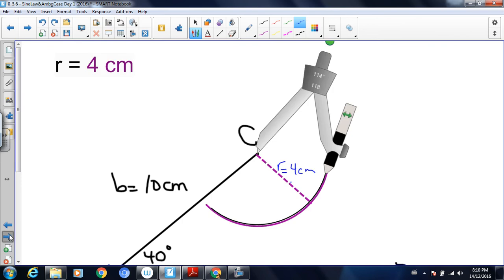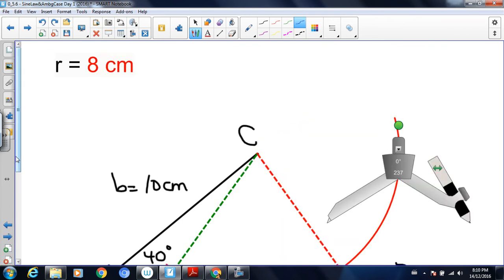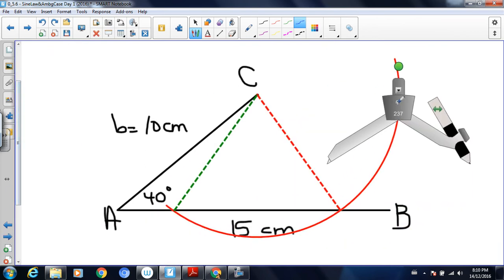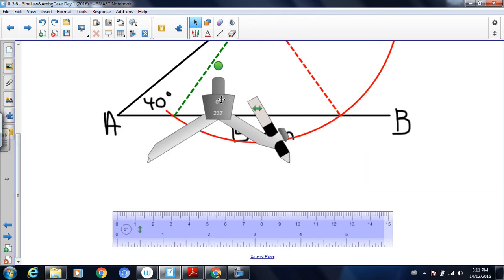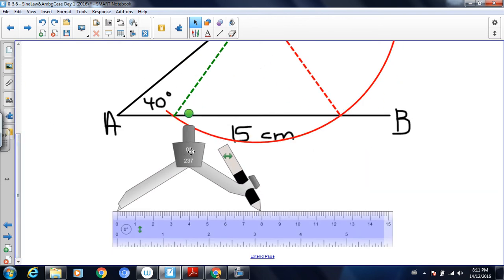Now we're going to go into 8 centimeters. Let's go to our radius of 8 centimeters. Let me just undo that. I'm going to take my compass, and my compass is at 8 centimeters right there.